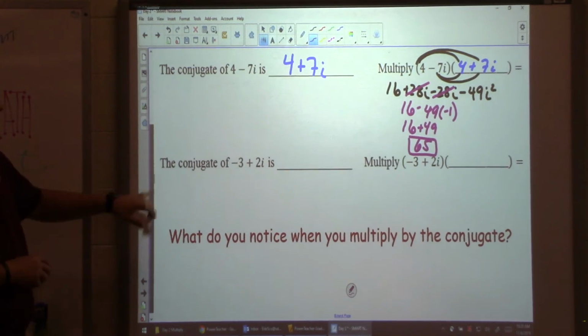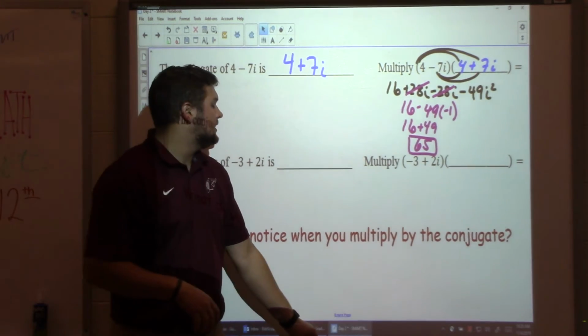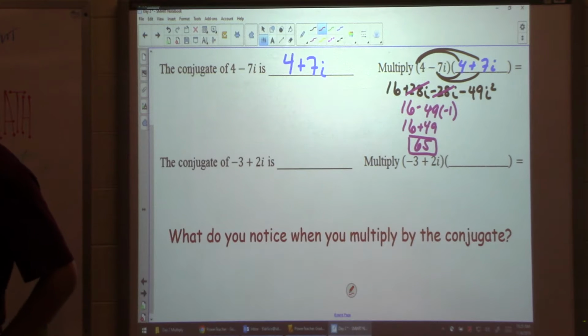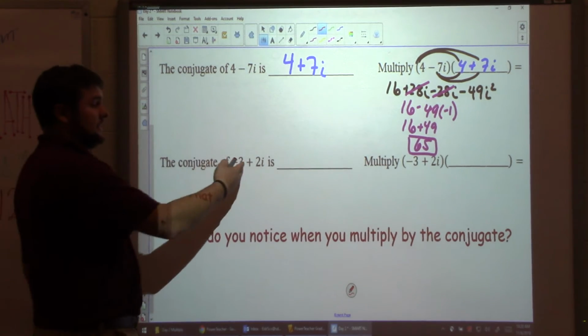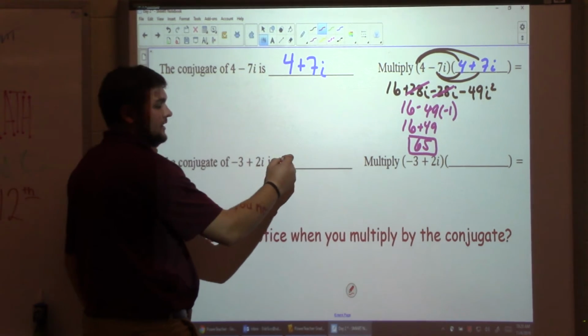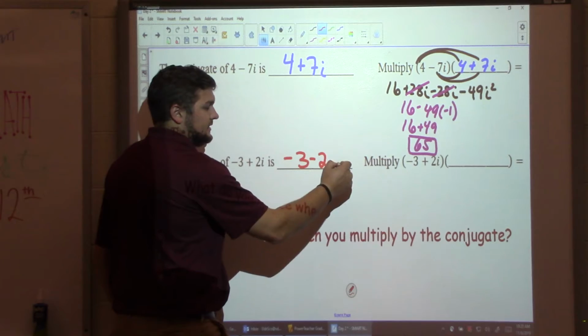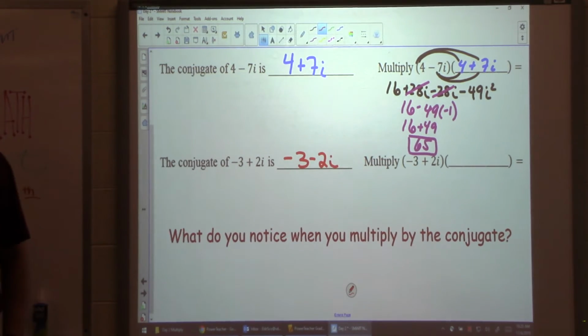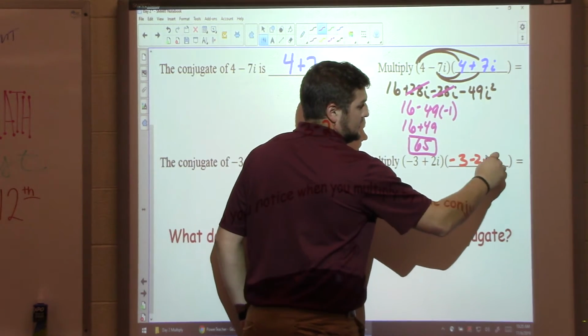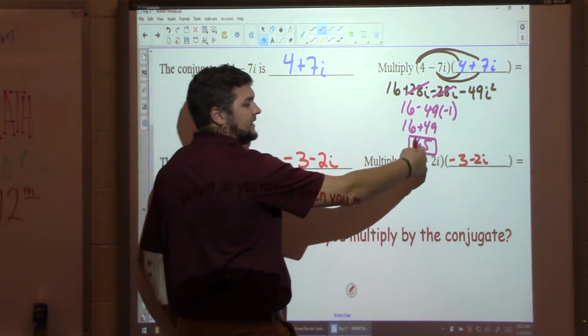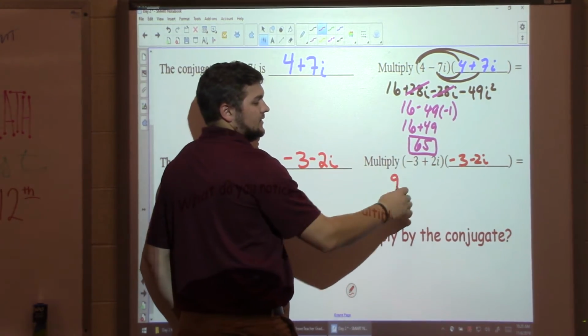But if we look at the second problem, the conjugate of negative 3 plus 2i is going to be what? Well, what's my imaginary part? 2i is my imaginary part, so I just switch the sign on that. It becomes negative 3 minus 2i. So if I multiply, negative 3 times negative 3 is 9.